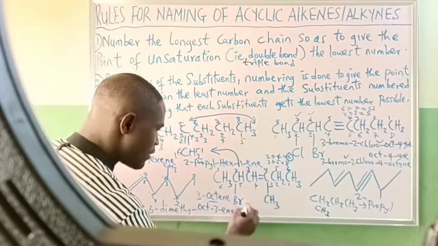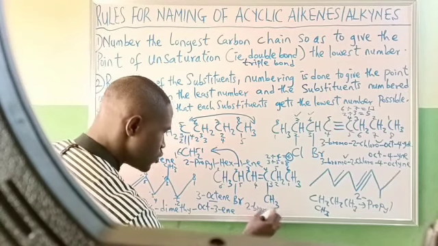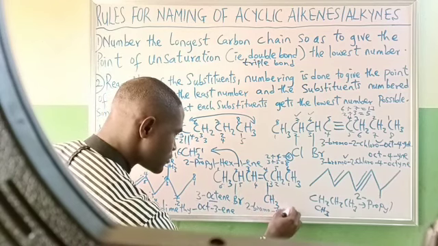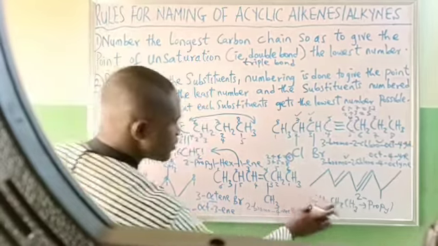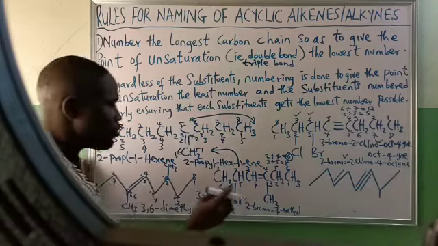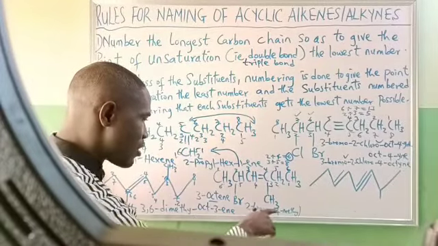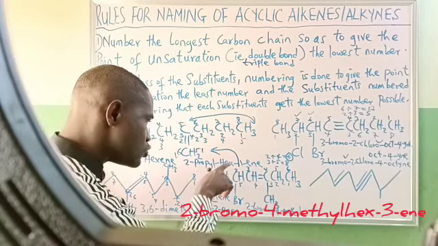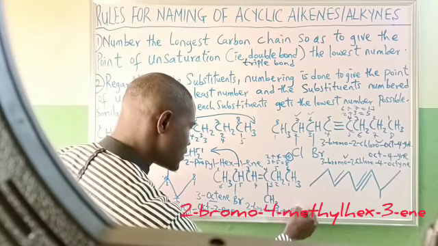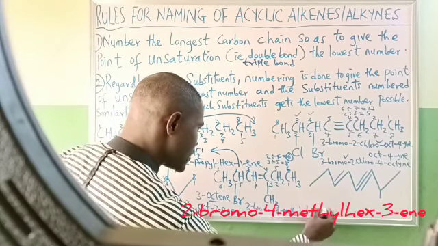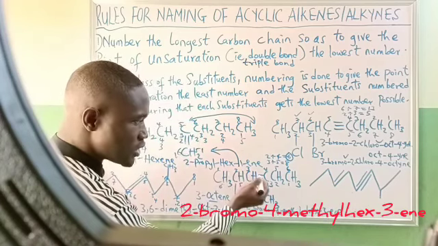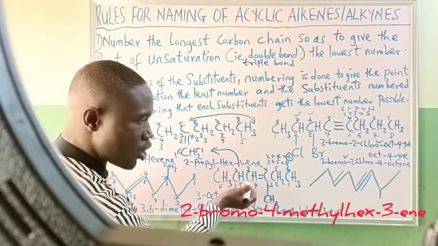That means I will have 2-bromo, 4-methyl. After writing that, I've taken care of the branches. I will now say 2-bromo, 4-methyl, 1, 2, 3, 4, 5, 6, hex-3-ene. The 3 means that the point of unsaturation, that is the double bond, is located after the 3rd carbon.